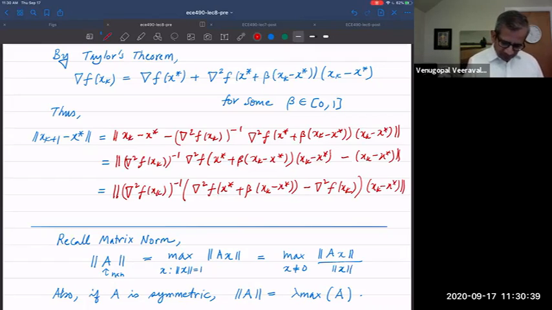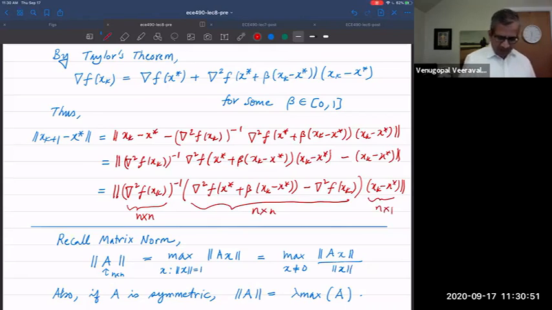This is an n by n matrix, this is an n by n matrix, and this is an n by 1 vector, so the whole thing is an n by 1 vector. I'm looking at the norm of this vector, but that vector is formed by the product of two matrices and a vector.